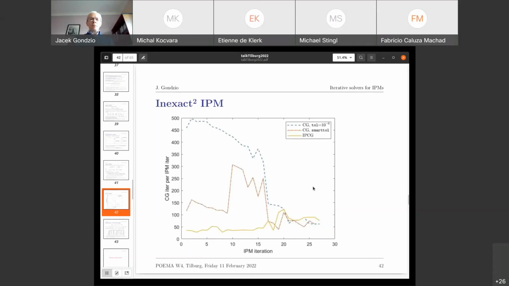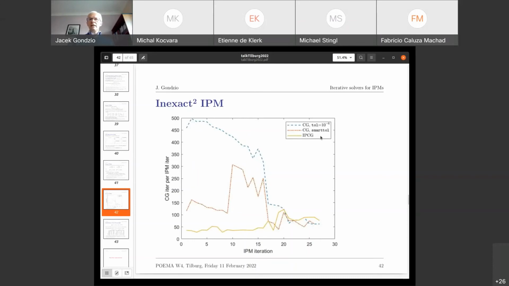One could think that when the conjugate gradient method is used with a fixed tolerance, then at certain interior point iterations, many CG iterations would be needed. You see, at iteration 1, these are interior point iterations, these are conjugate gradient iterations. At iteration 1, we would have to do nearly 500 CG iterations. What a waste of time. We don't need it.